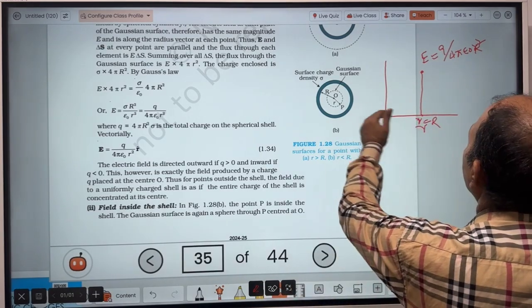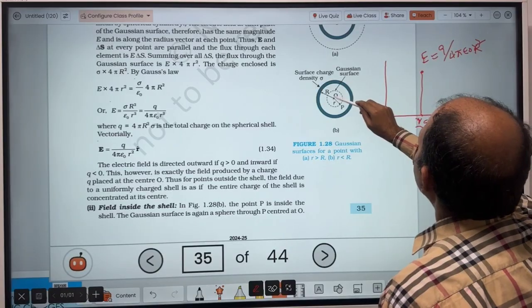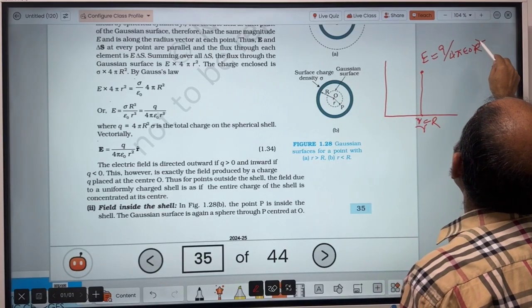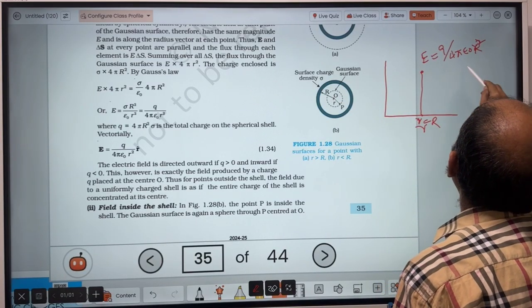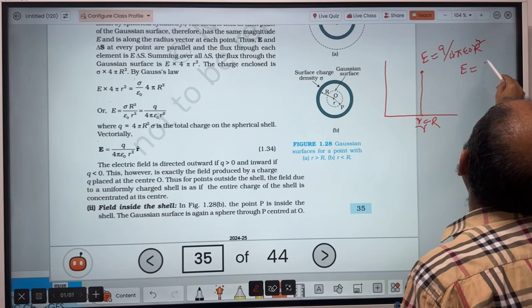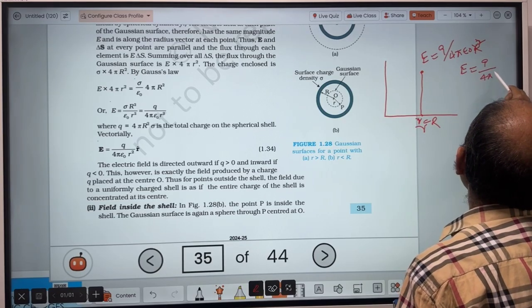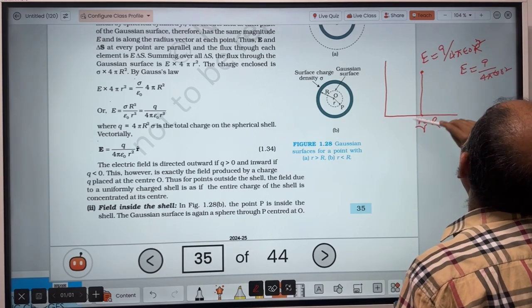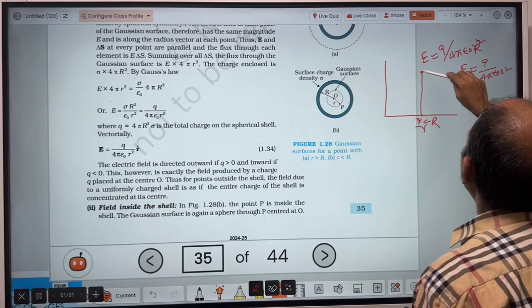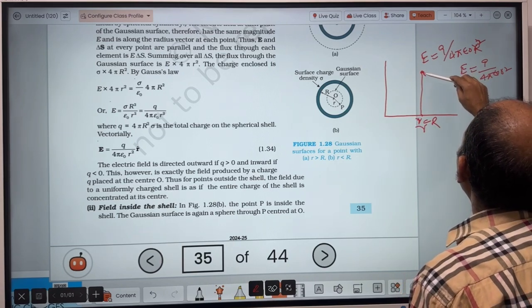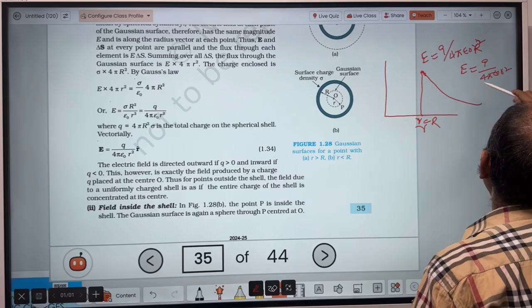And as you move away from the center, this r will start increasing. So our relation in that case will be E equal to Q upon 4 pi epsilon naught small r square. So we can say that the strength of the electric field will be like this.